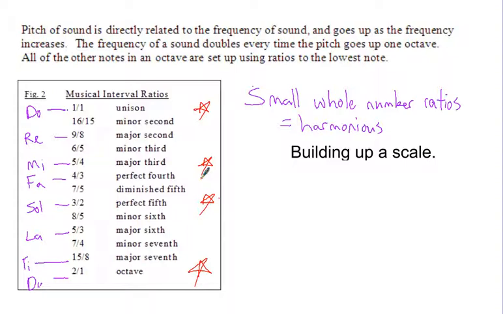So when somebody plays a chord, they're playing the unison note, the major third, the perfect fifth, and then the octave up, like on a piano or a guitar. You can make different chords by substituting some of those in, and some chords sound happier than others. Something that sounds a little bit sadder swaps the major third for the minor third; it still sounds somewhat harmonious, but a little bit discordant too.